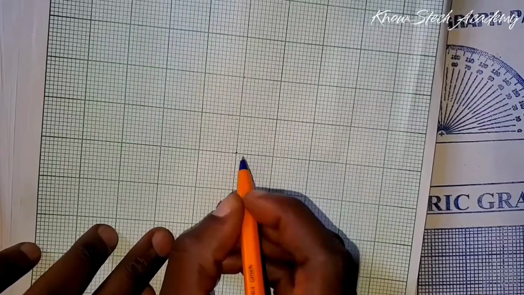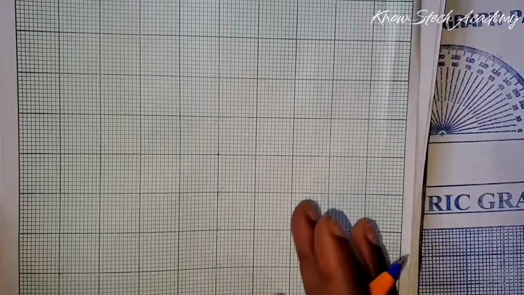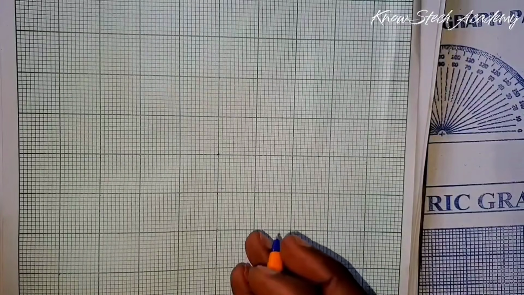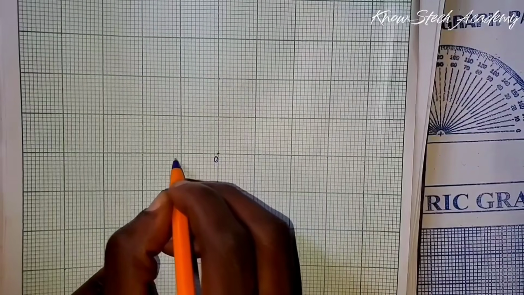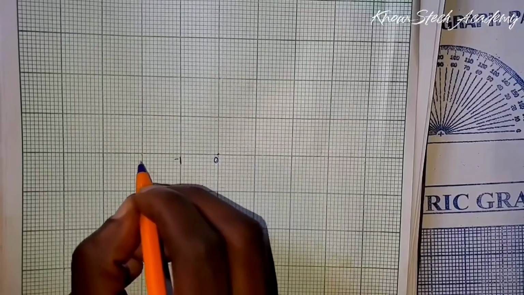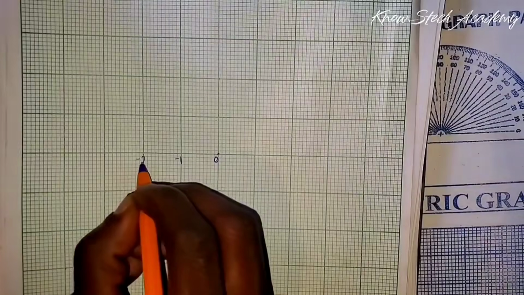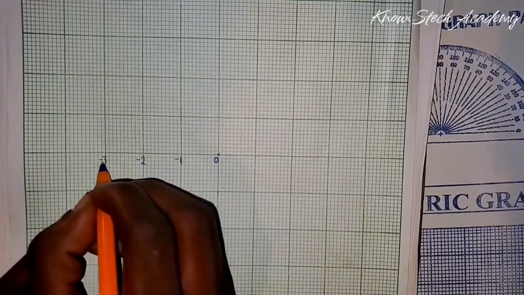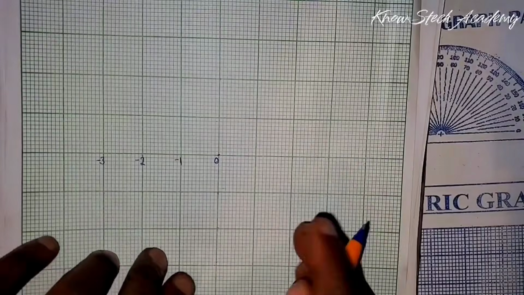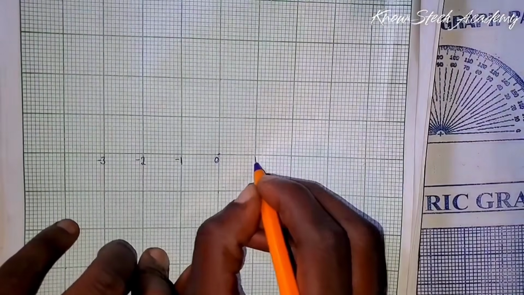So I'm using a pen on the graph paper because I want it to be visible. If I use a pencil, it may not be visible. So this will be our 0. This will be our negative 1. This is negative 2. This is our negative 3. This is our positive 1.